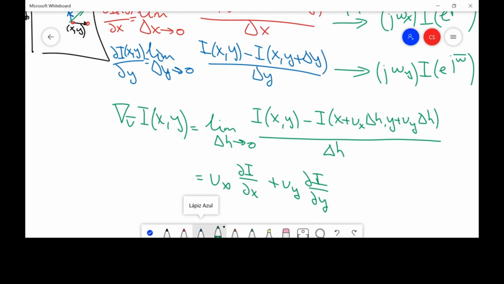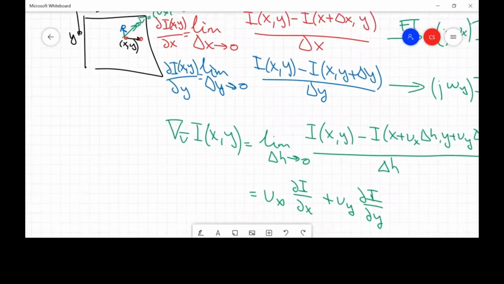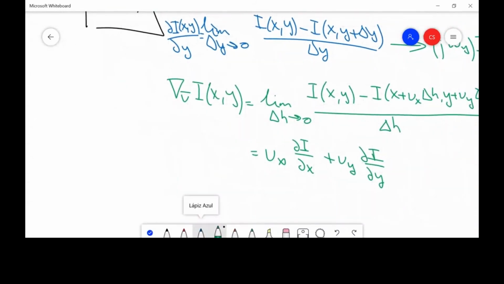So you take the vector along which you are computing the derivative, then you take the x component multiplied by the derivative in x, the y component by the derivative in y. So that means that if you want to compute, let me make the drawing again.